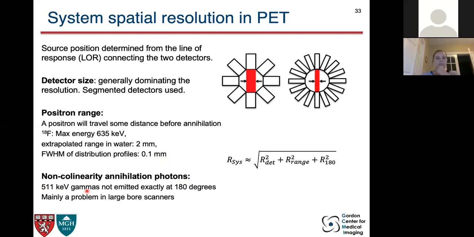And this will be mostly a problem in large bore scanners, because the difference in this angle will cause a more pronounced difference, especially when you have larger distances to travel. And again, we can obtain the system resolution just by taking the square root of the sum of the squared resolutions of the individual contributions.